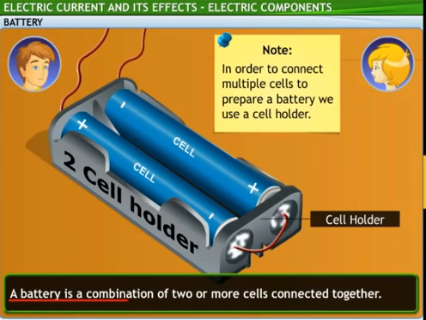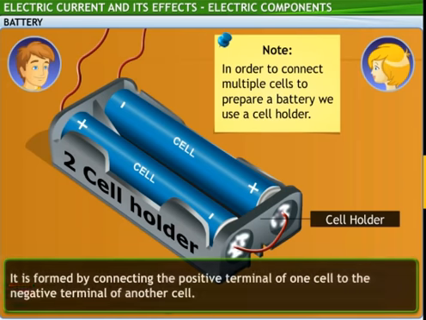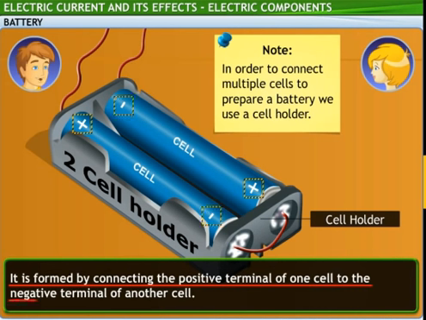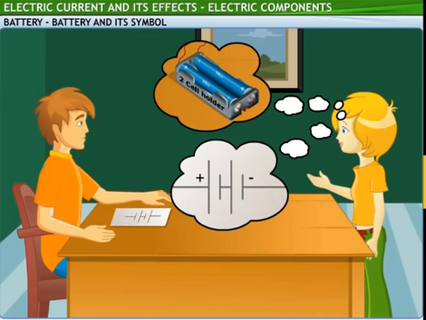A battery is a combination of two or more cells connected together. It is formed by connecting the positive terminal of one cell to the negative terminal of another cell. Oh, I get it.